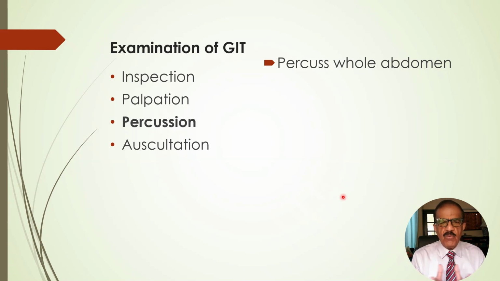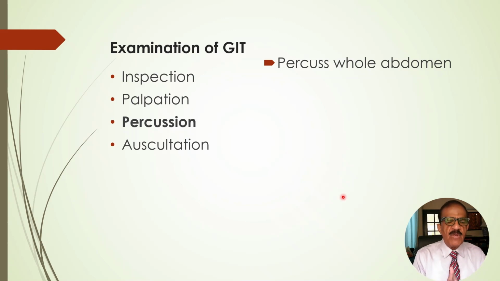Now with experience you will learn that there is what is called a dull tone. For example, when you're percussing over the liver, since the liver does not have any air, the tone that it produces is called dull. Now when you are percussing over a viscus which has got air, like a stomach with air, the type of tone is different, that is tympanic. Then sometimes you may have resonant.